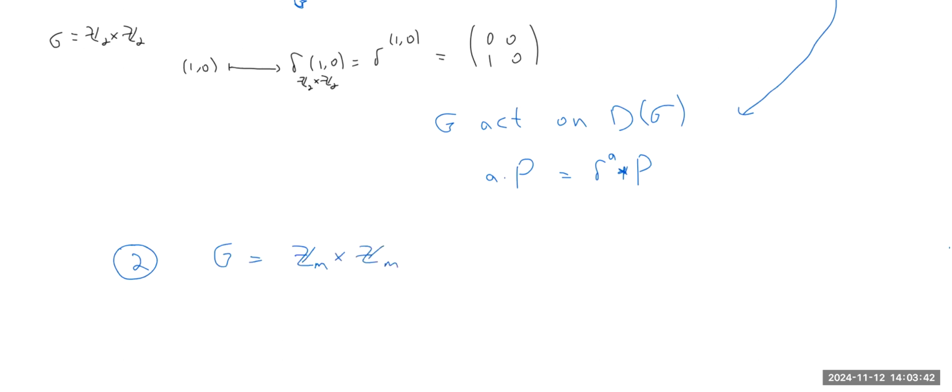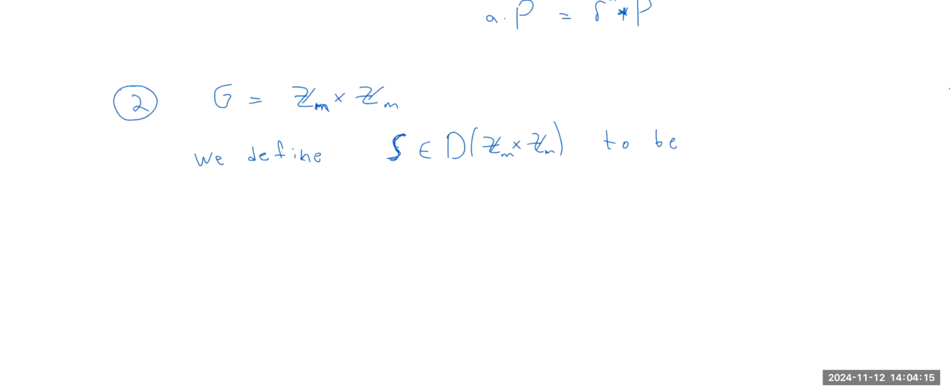In general, for a general M here, we define S inside the distributions of Zm cross Zm to be S_AB, where I mean AB in Zm and Zm. It will be 1 over M if B equals A plus 1, and 0 otherwise.